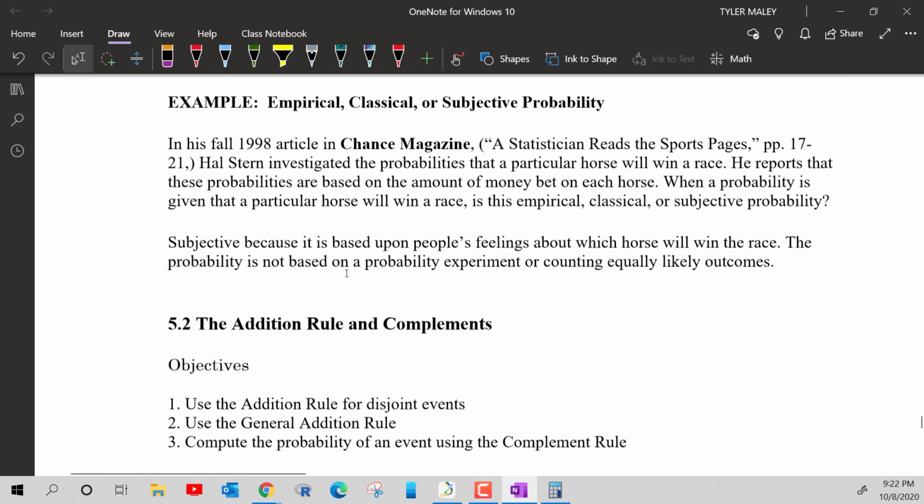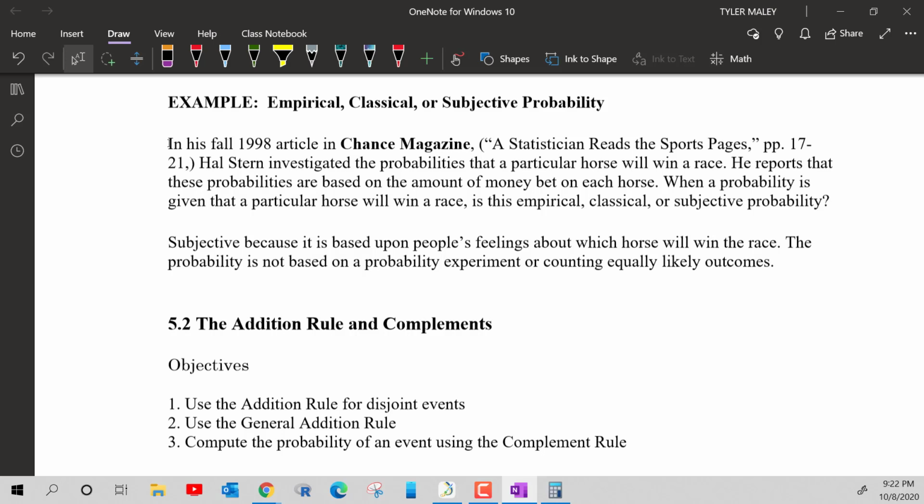Or here's another example. It says, in his fall 1998 article in Chance magazine, a statistician reads the sports pages, which was pages 17 through 20, how Stern investigated the probabilities that a particular horse will win a race. He reports that these probabilities are based on the amount of money bet on each horse. When a probability is given that a particular horse will win a race, is this empirical, classical, or subjective probability, right?